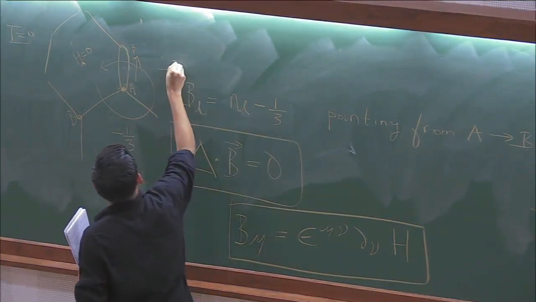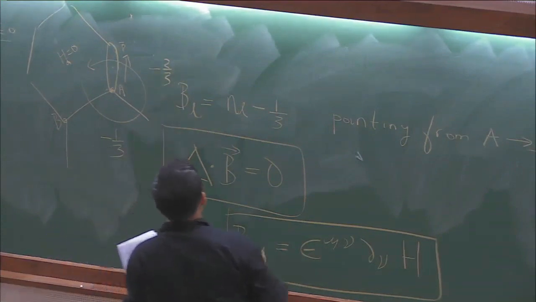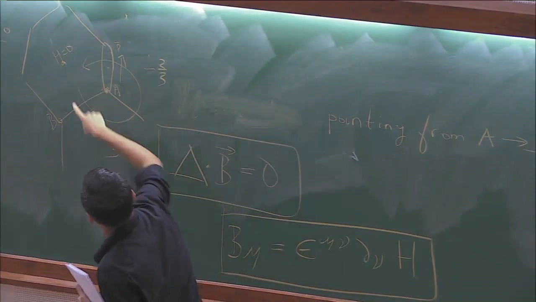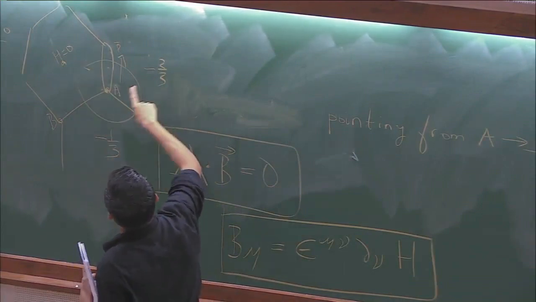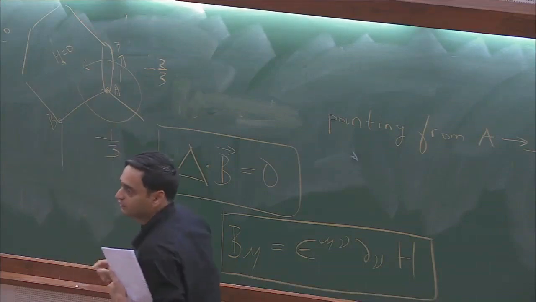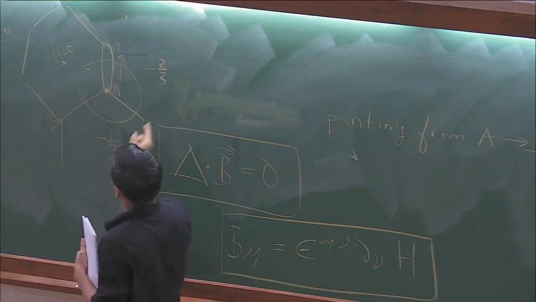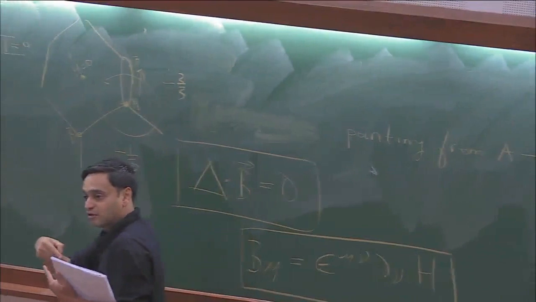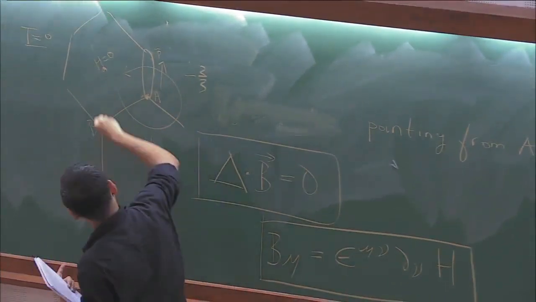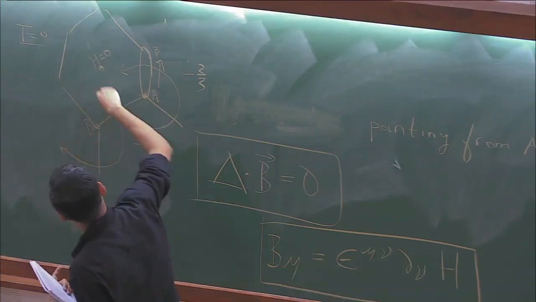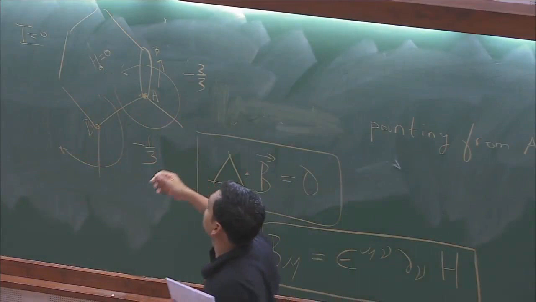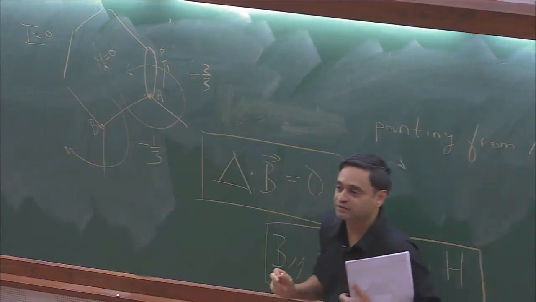Again, one more down, so that's another -1/3. So 0, -1/3, -2/3, and every dimer you encounter, you go up by 2/3. So you come back. On the B, it's the same rule, -1/3 for an empty link and +2/3 for a dimer, but not anti-clockwise, clockwise. So if you want this side, you go like that. This way you can go through the lattice, and given a dimer configuration, you can construct a height configuration.